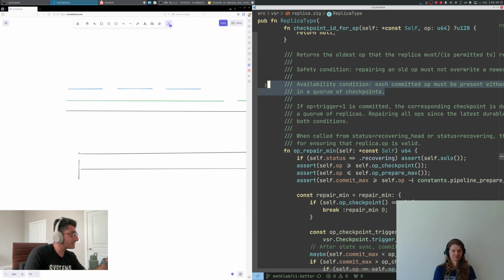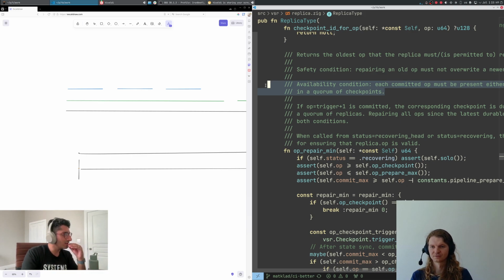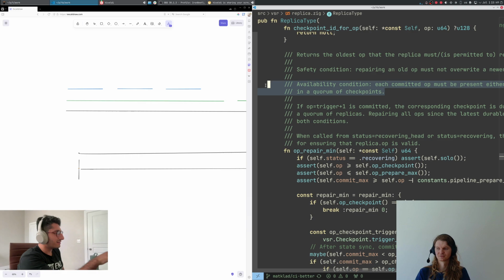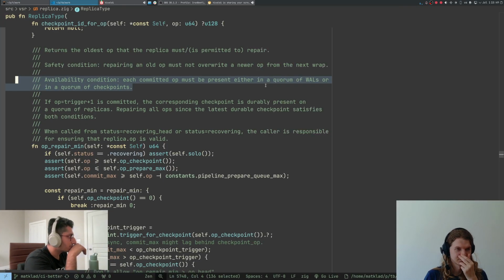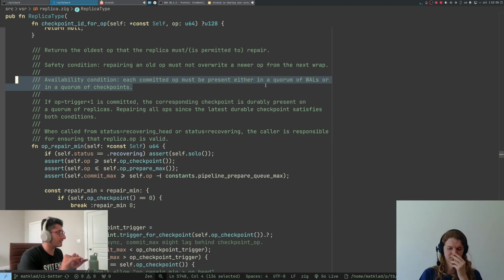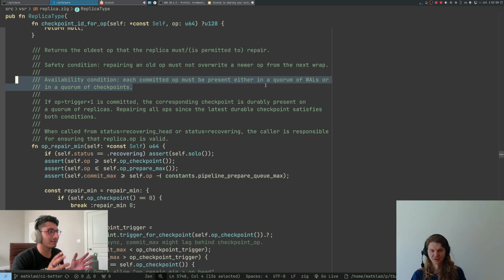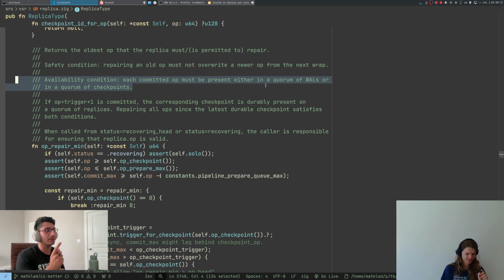But in this statement, the comment that we are saying is wrong, can you scroll towards the right a little bit? The corresponding checkpoint. Can we really say that when op trigger +1 is committed, the corresponding checkpoint is durably present on a quorum of replicas? Can we ever say that? Is my question. Oh, we can say that. That's the part I'm confused about.